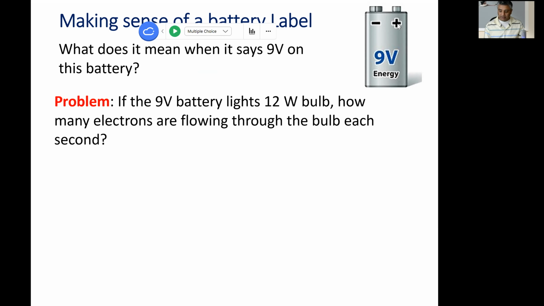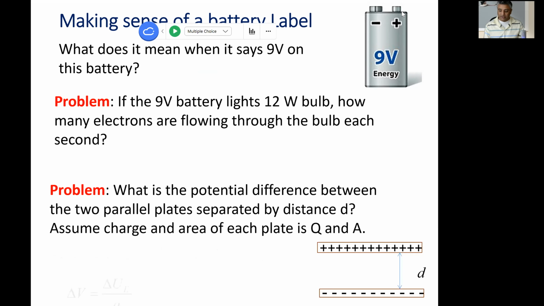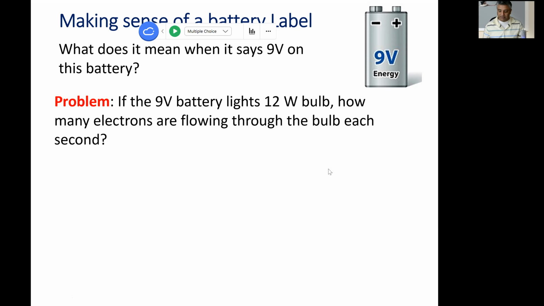The potential difference between one terminal and the other terminal of the battery is 9 volt. One terminal is negatively charged in a battery, another one is positively charged.